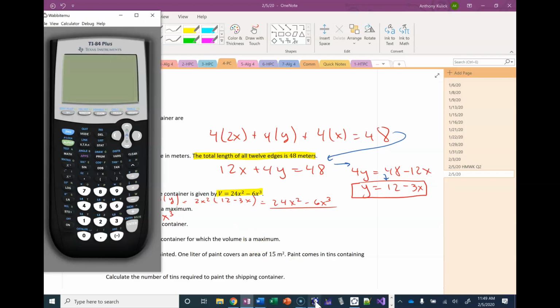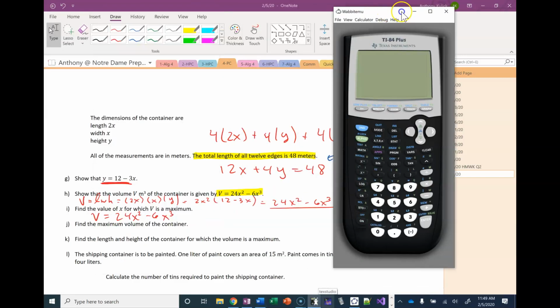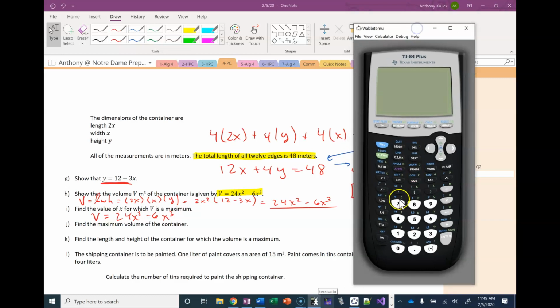So I'm just going to plot this on my calculator and look at the picture. So I'm going to go into my y equals menu, and I'm going to graph 24x squared minus 6x cubed. Okay there?